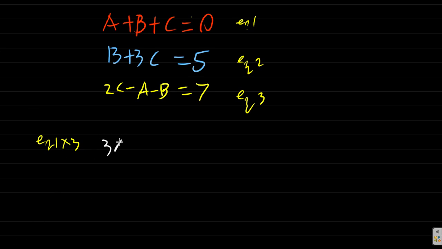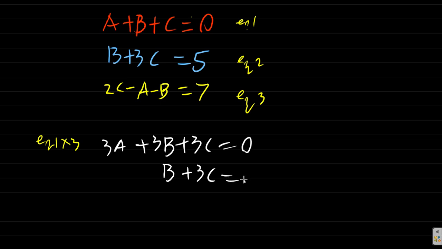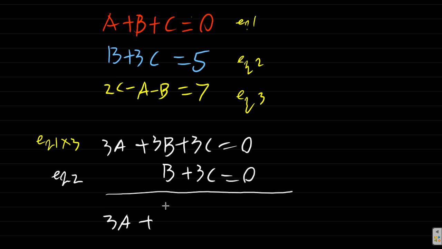So we would have 3a plus 3b plus 3c equals 0. And then we put back equation 2, b plus 3c equals 5. And then, remember this is equation 2, and then we subtract. 3a minus 0 is 3a, plus 3b minus b is 2b, equals 0. See that? So we eliminated c.